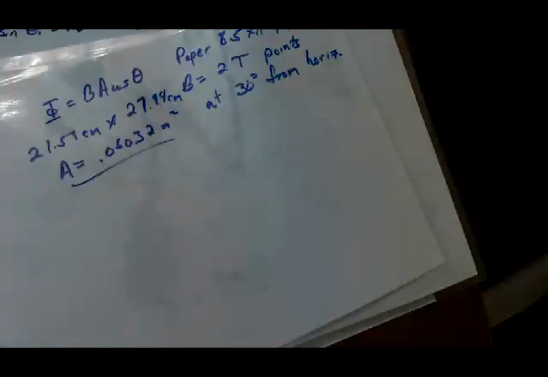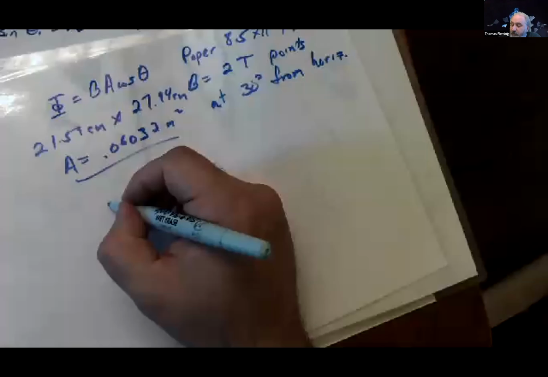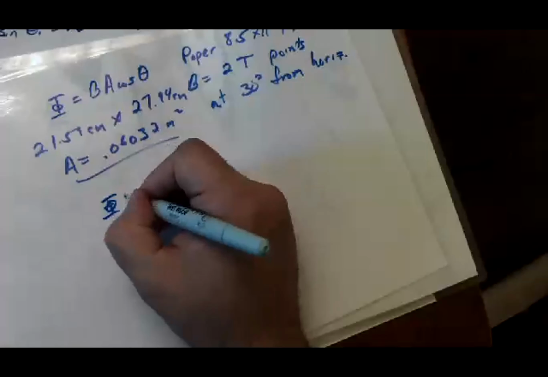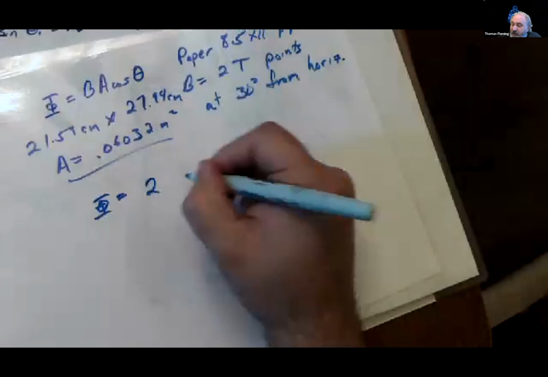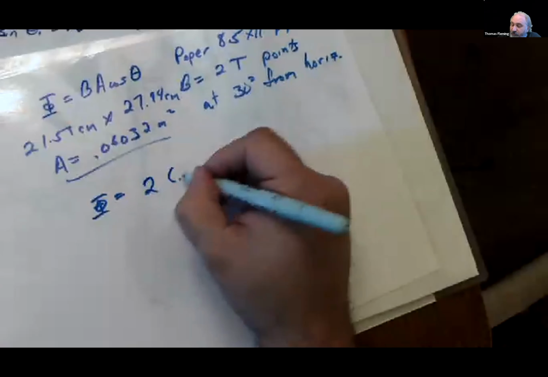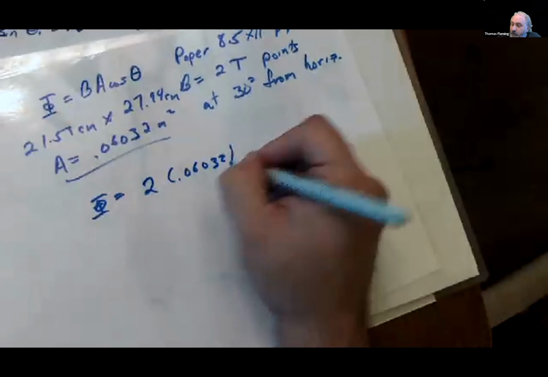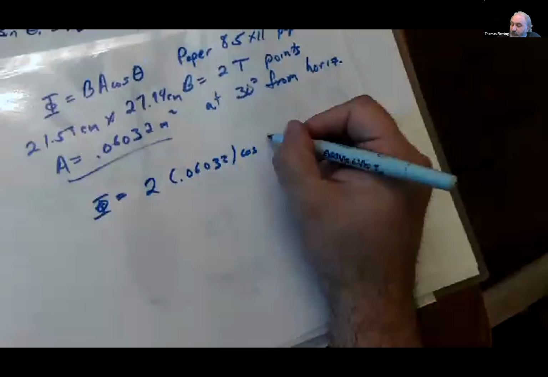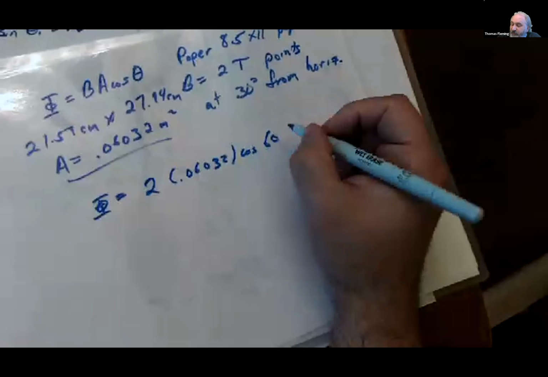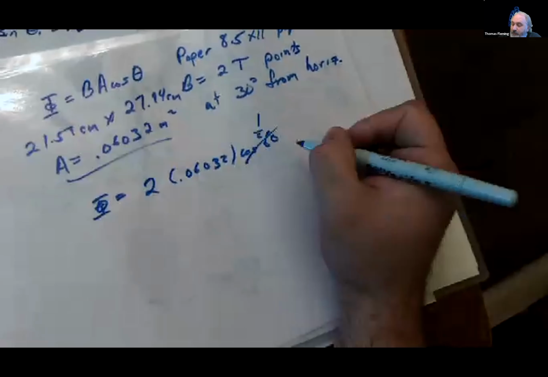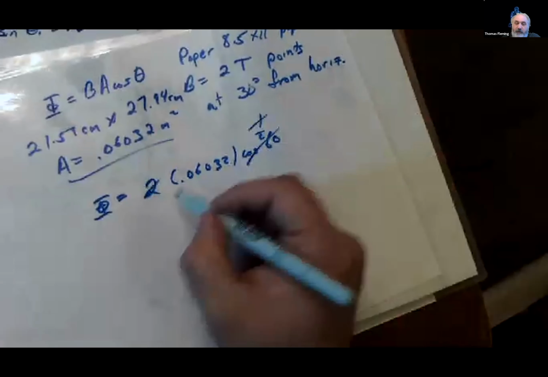And I got 0.0632. Well, 0.06032. But yes. Okay. Because what's going to happen is when I do the flux, it's going to be B, which is 2, times A, which is 0.06032, times the cosine of not 30, but 60. But this is a half. A half times 2 cancels. And that was my flux.